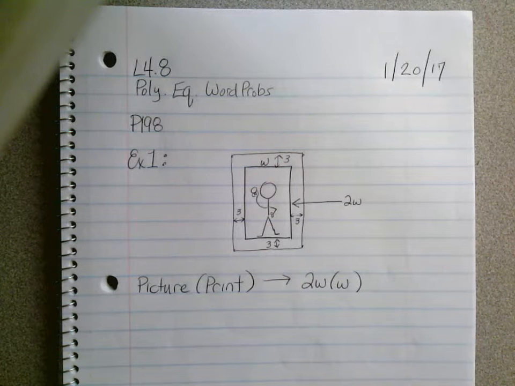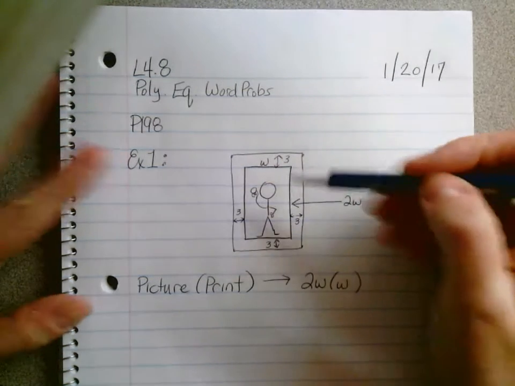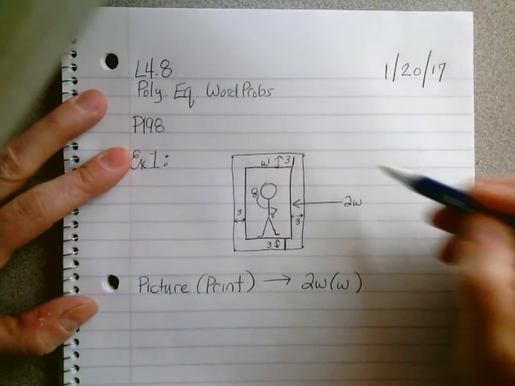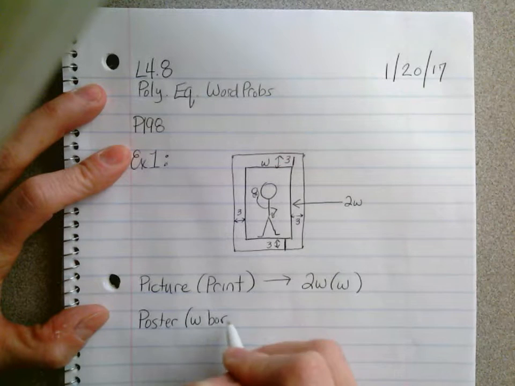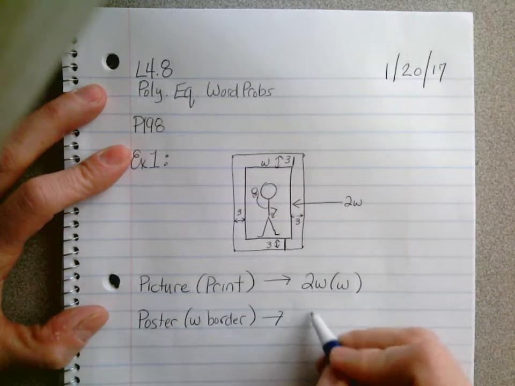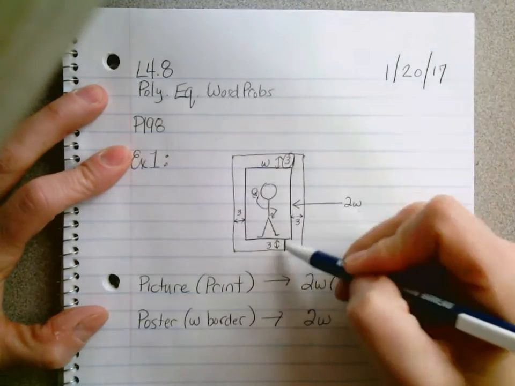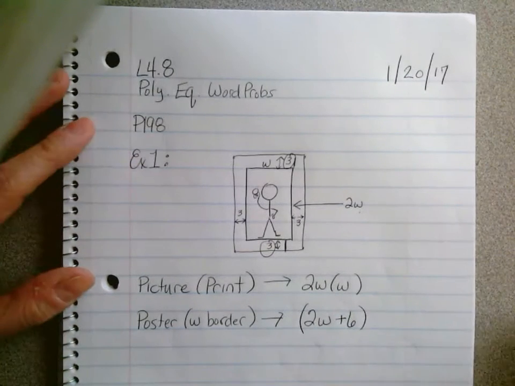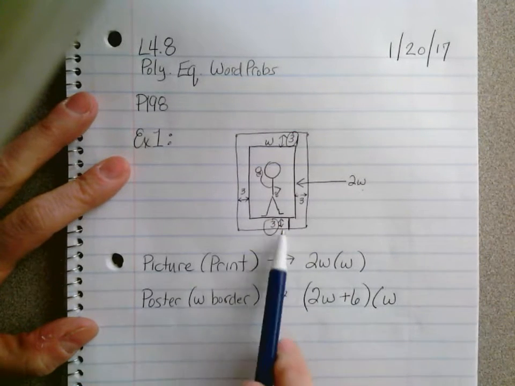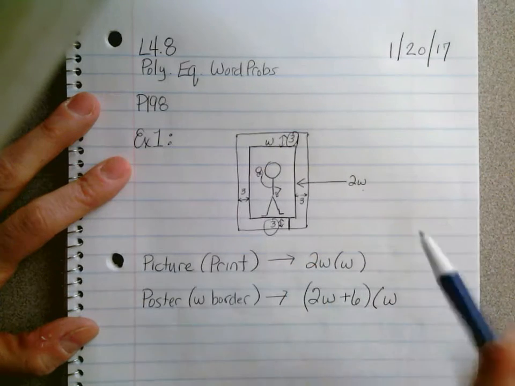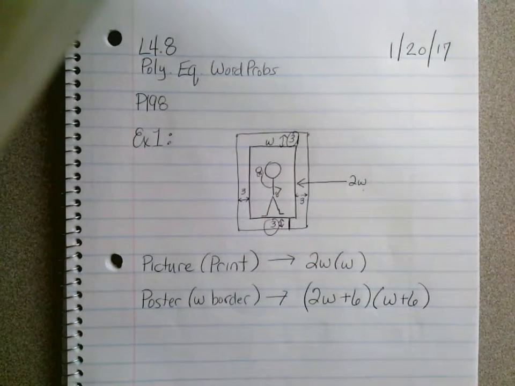When I add the 3 and 3 to the overall length, so the poster with the border, I get 2W plus 3 and 3, which is 2W plus 6. And when I add the width plus 3 and 3, I get W plus 6. So I'm pretty much on step 2 with them.